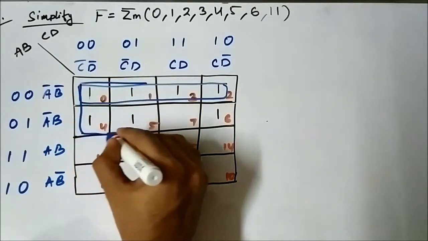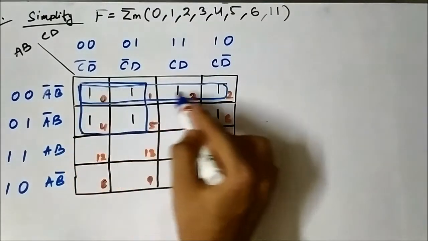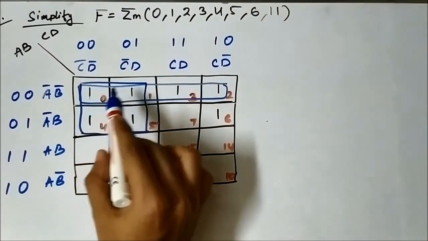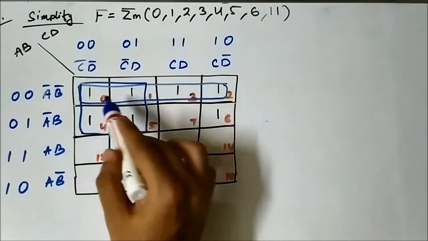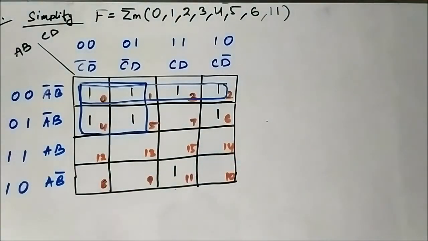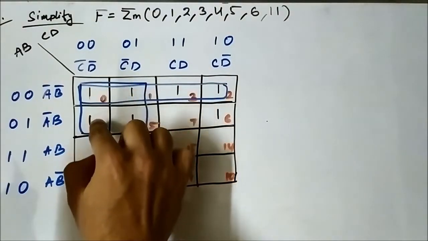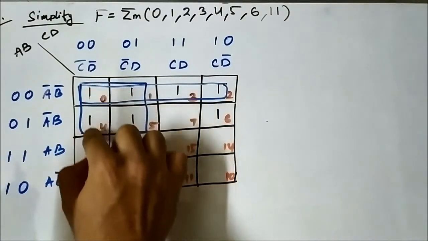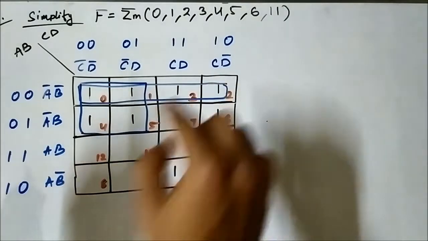Okay, please pay attention how the groups are formed. This one quad here accommodating marked cell 0, 1, 2 and 3, and this quad 0, 1, 4, 5. Again pay attention, cell 0 and 4, these 2 cells and these 2 cells, they are also adjacent.